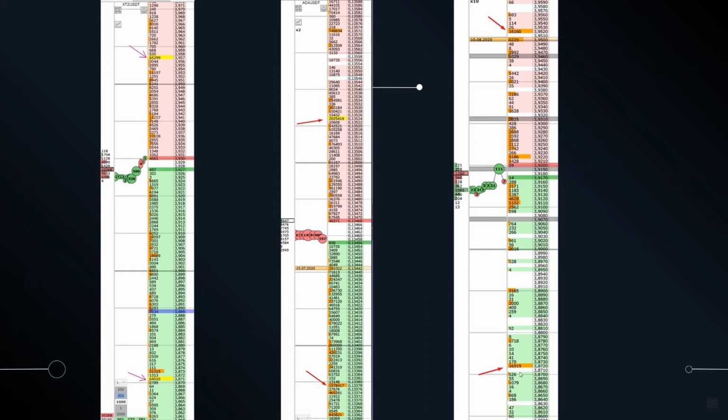For example, look here at the first picture. We can see two equal orders, one in the bids and one in the asks. Both of them are 65k, and they are at nearly the same distance from the spread.